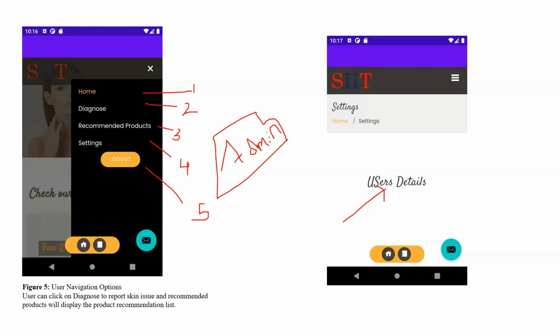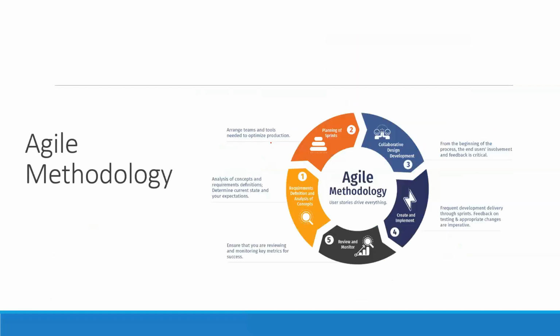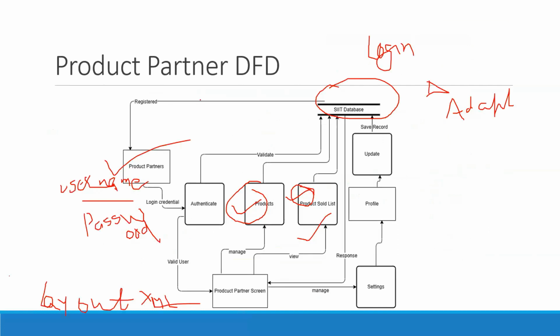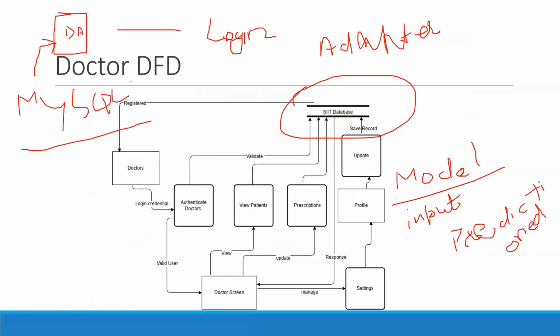All rights mean the admin can manage users, add product partners, add doctors, and manage doctors and product partners as well. As I have already discussed, I will not create a register option for the product partner or for the doctor.